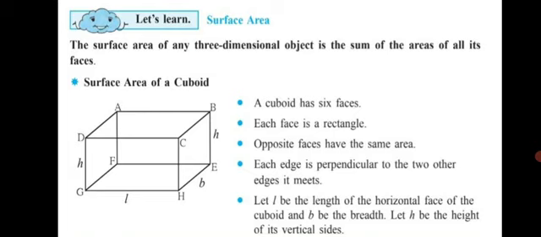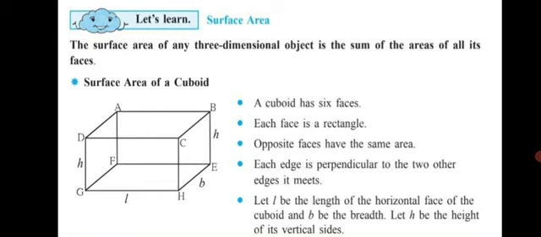Let L be the length of the horizontal face of the cuboid, here down. So here you can see L is the length and B be the breadth. Let H be the height of its vertical sides. So what will be the formula for surface area of a cuboid?